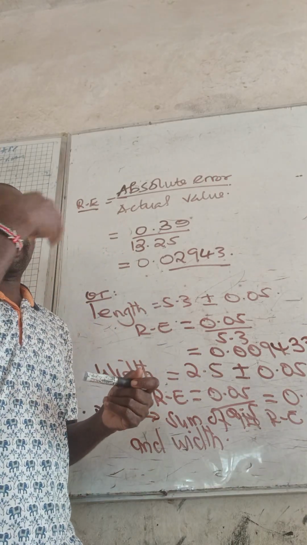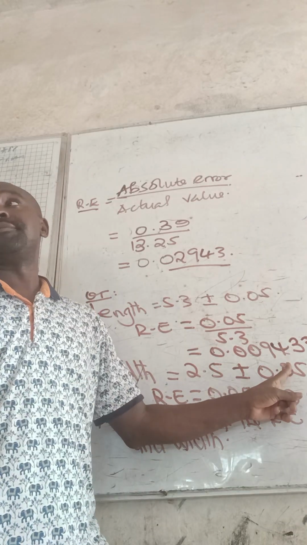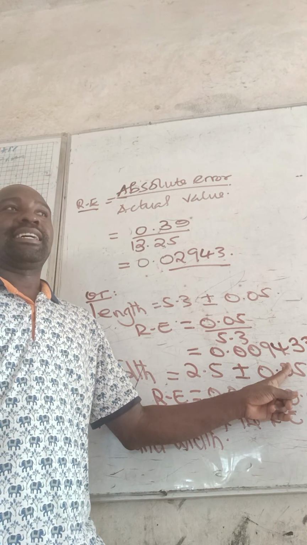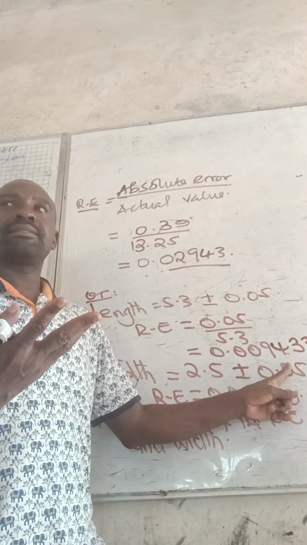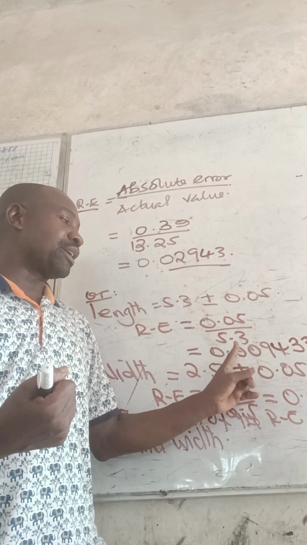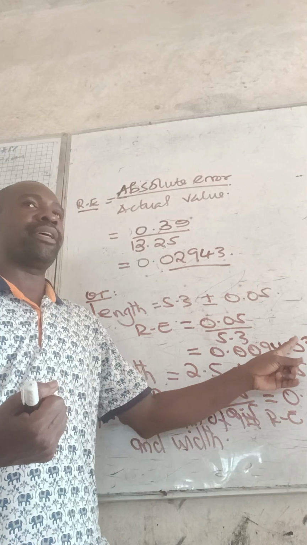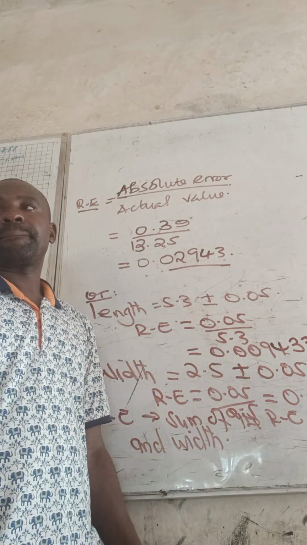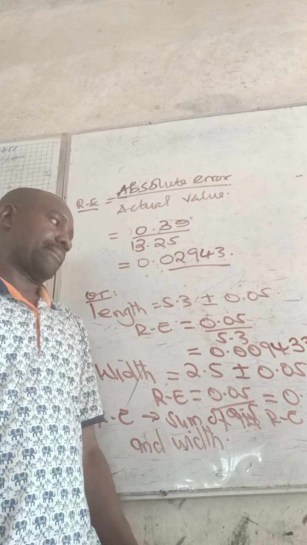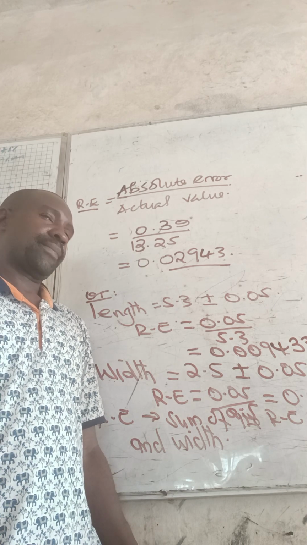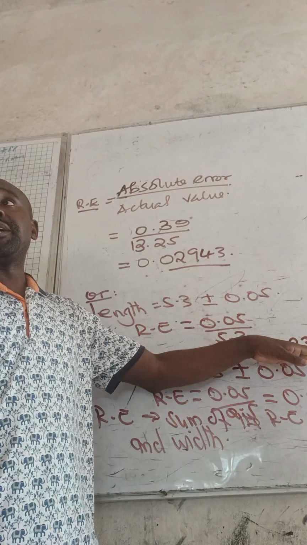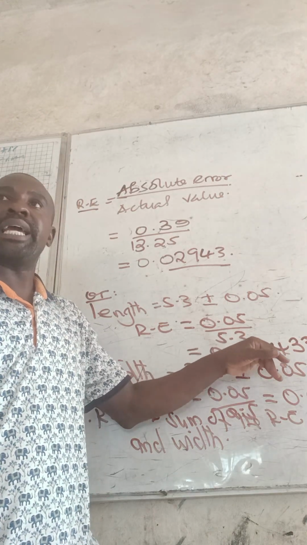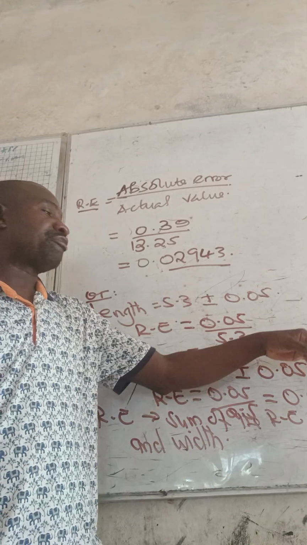It is 0.009433 recurring, but that's what we have. Give it to 4 significant figures then: 0.009434.